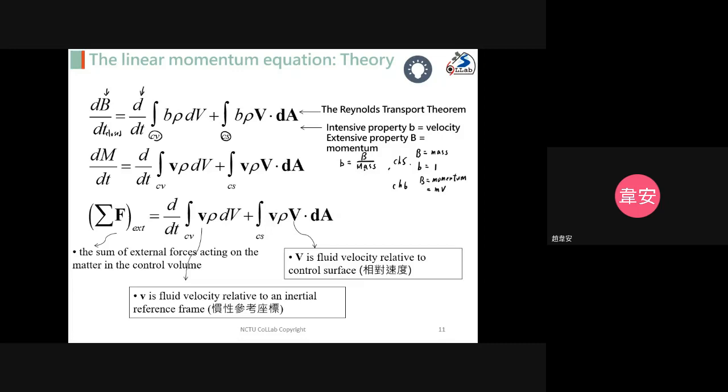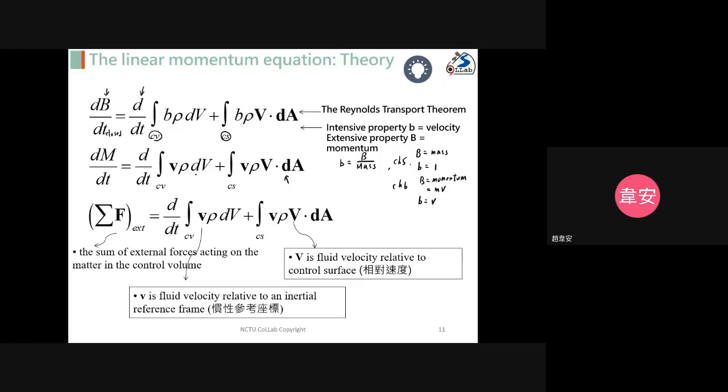So dividing mv by the mass, the small b changes to the velocity V. So going back to the Reynolds transport theory, we replace the capital B by the momentum m V, and we replace the small b, the intensive property, by the velocity V here.